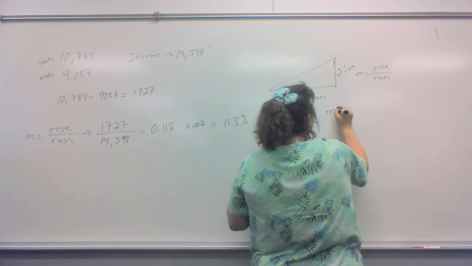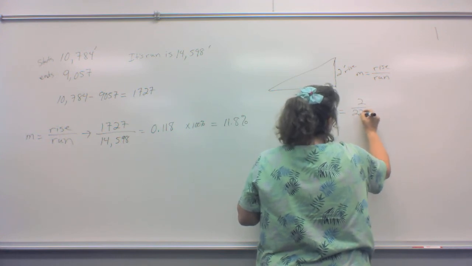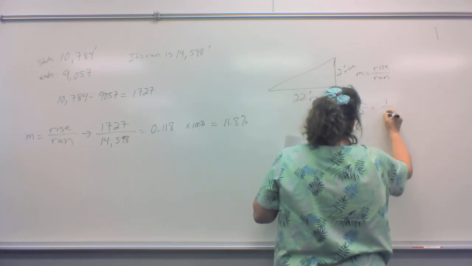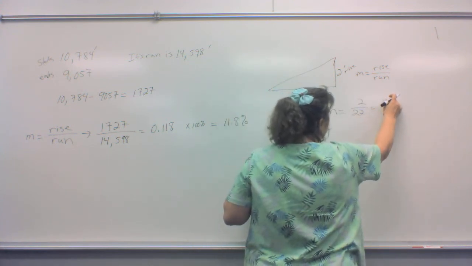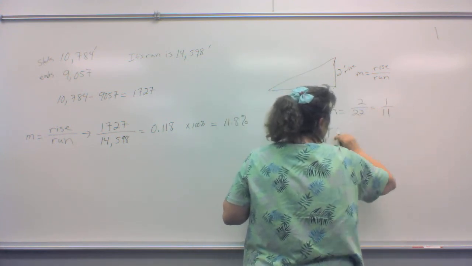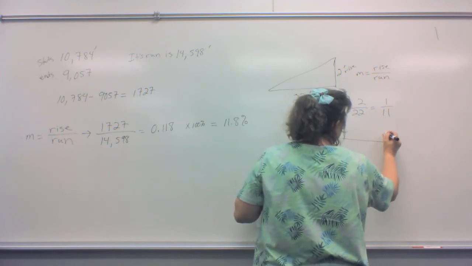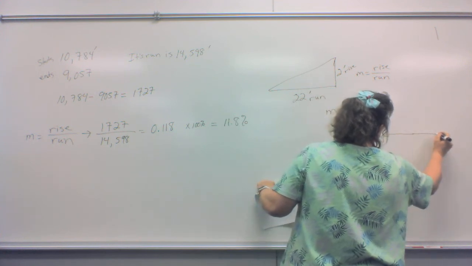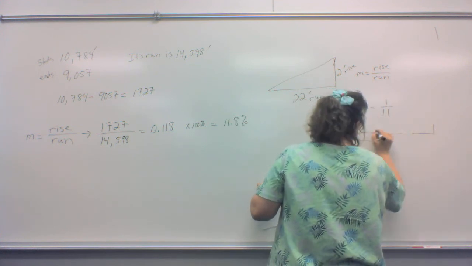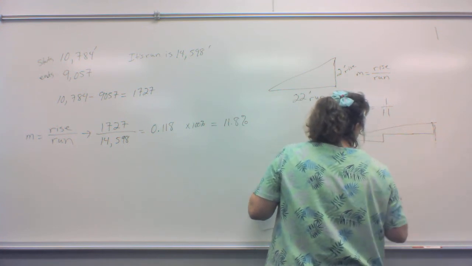And so my slope of this ramp is 2 over 22, which equals 1 foot over 11. So for every 1 foot up in the air, it's going 11 feet in length. So 11 feet, 1 foot, and then you have another 11 feet and another foot, and that gives you your 22 feet with 2 feet up in the air.